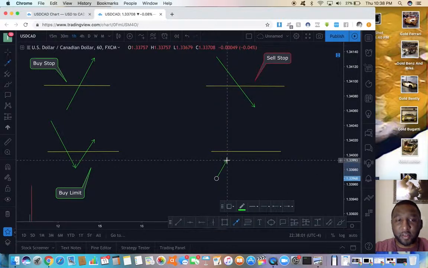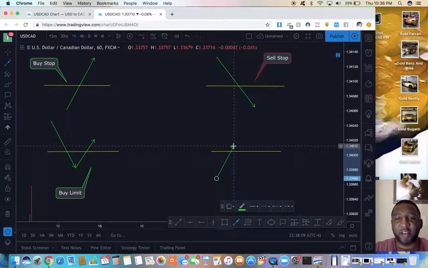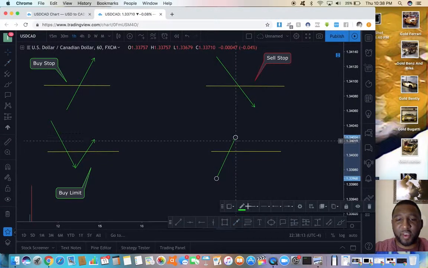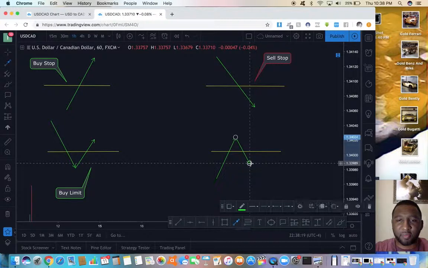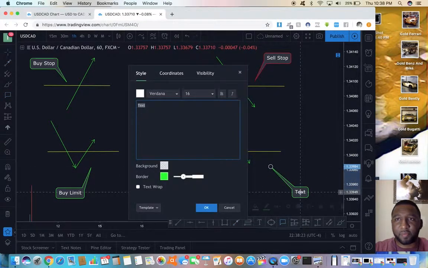So what you want to tell the platform to do is put me in the trade, right? Even though it's moving up, put me in the trade. I know I'll be negative for a little while, but I fully expect this market to turn around and start coming back this way, right? This particular type of trade is called a sell limit.